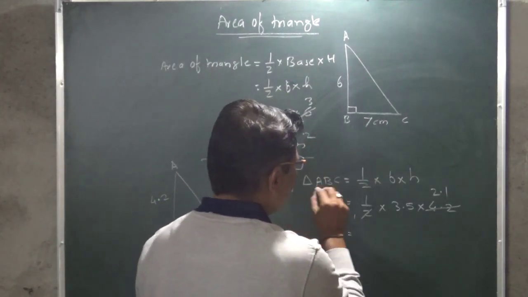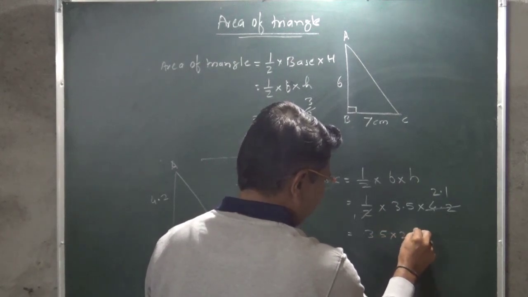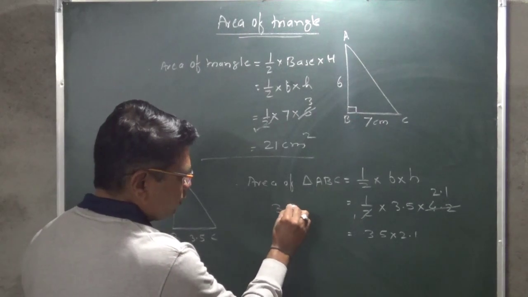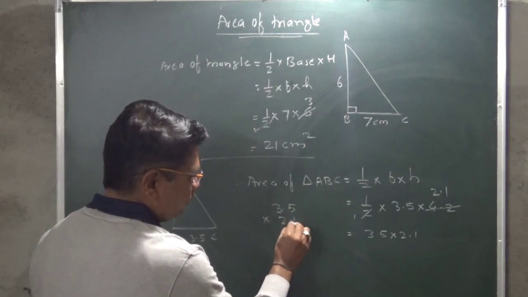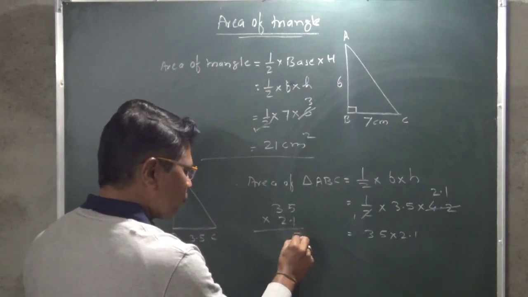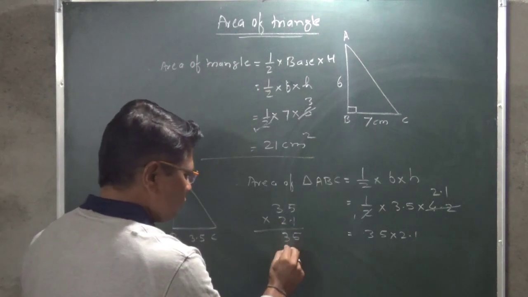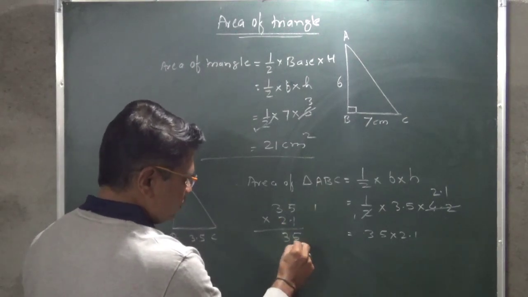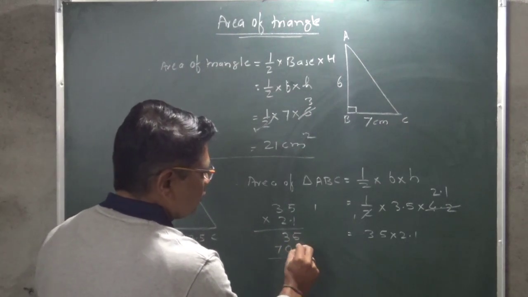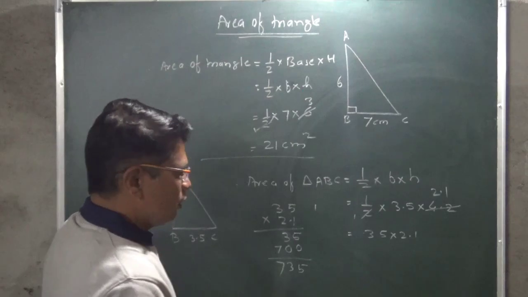Therefore, area of a triangle ABC equals 3.5 into 2.1. We can multiply it. 3.5 into 2.1. 1 times 5 is 5, 1 times 3 is 3, 2 times 5 is 10, 2 times 3 is 6, 7, 3, 5.